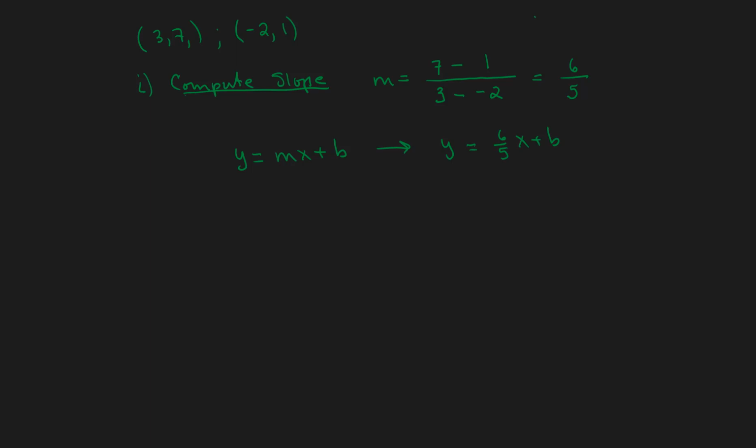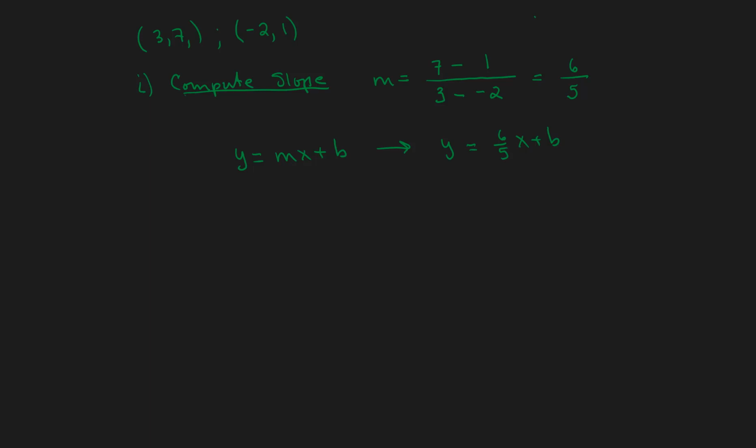In order to compute the value of b, I'm going to take one of the 2 points. It doesn't matter which one. I'll go with the 3, 7 since it doesn't involve negatives and I'm less likely to make a mistake. I'm going to substitute those values, the value for x being 3 and the value for y being 7, into this equation.